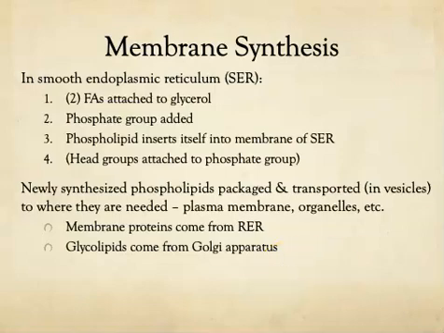The Golgi apparatus typically adds or modifies carbohydrate on protein, and it can also add and modify carbohydrate on lipid. So glycolipids, new glycolipids, will be assembled in the Golgi apparatus. And then, again, packaged into transport vesicles to go to their final destination.